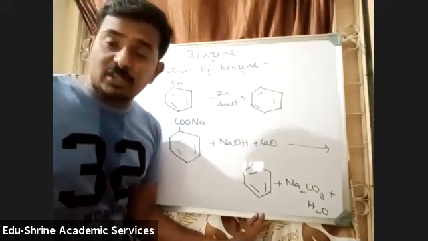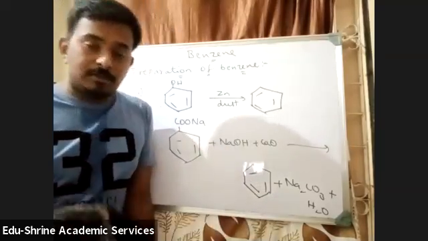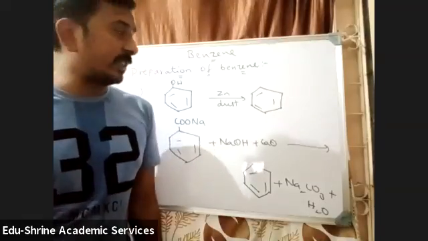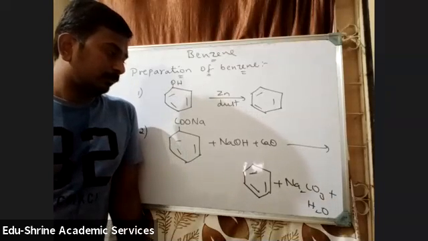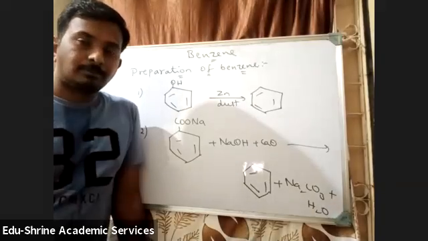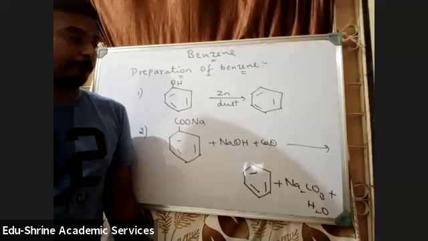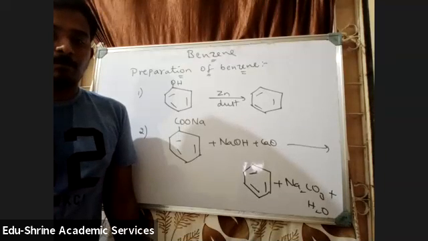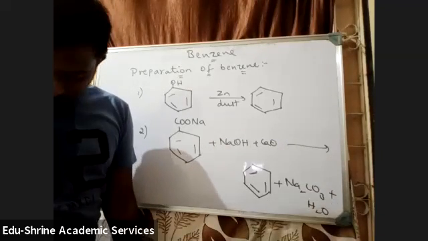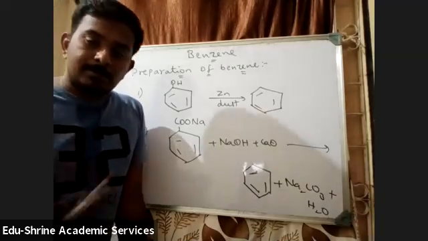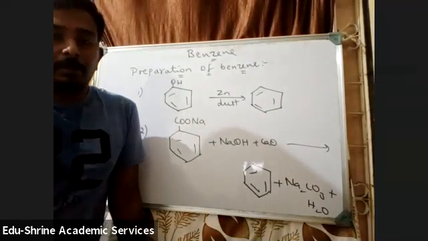Another reaction, from benzene diazonium chloride that we have seen today, is the reaction with H3PO2 plus H2O or ethanol. There also we get benzene. So all these are the methods of preparation. Completed, students?